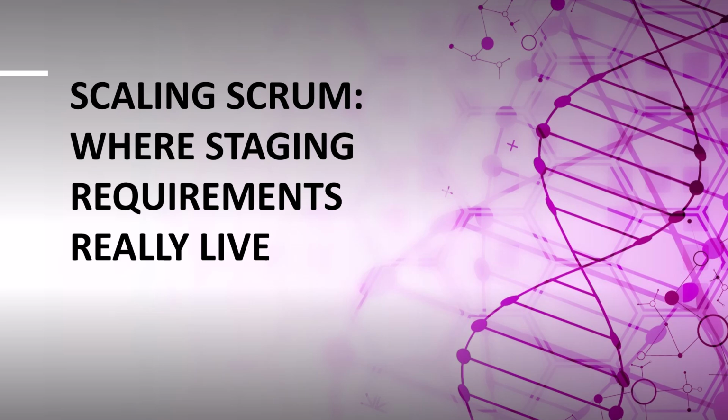Well, I think the key here is how the product backlog evolves. It covers every single aspect of that product's life cycle. So thinking about it that way, staging requirements aren't really an isolated thing. They're just another piece of the puzzle, part of the whole: how do we get this product ready, across the entire life cycle.